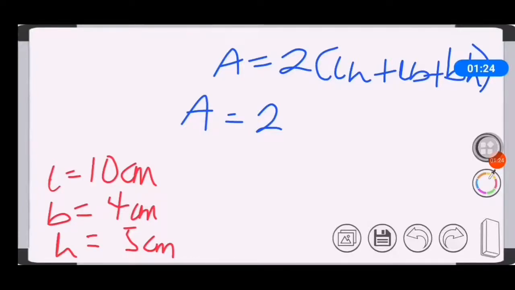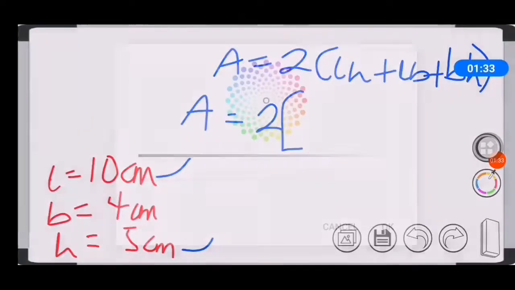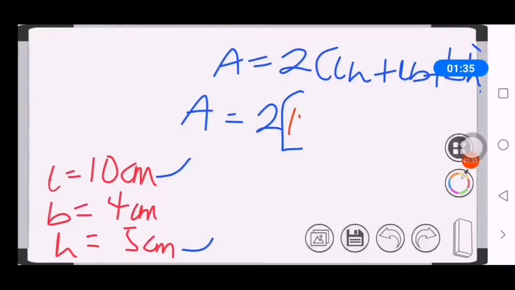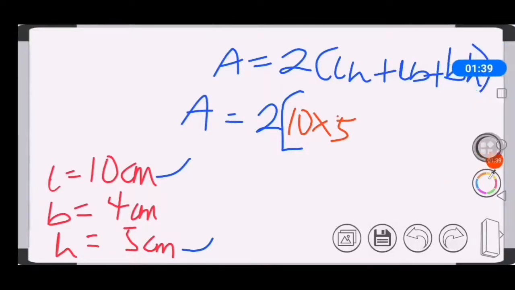Okay, so we have our length and height, that is 10 and 5. So we're going to have inside the bracket 10 centimeters times 5 centimeters. That will be the length and height this side. Then the next one is the length and breadth, 10 and 4 centimeters.